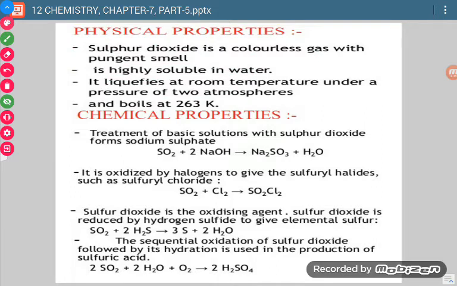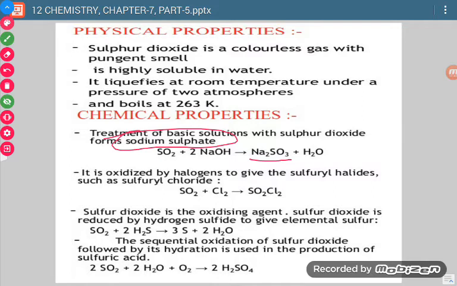Now what about chemical properties? When sulfur dioxide reacts with sodium hydroxide, it forms sodium sulphite. SO3 2 negative is called the sulphite ion. If sodium sulphite undergoes oxidation, it will form sodium sulphate.